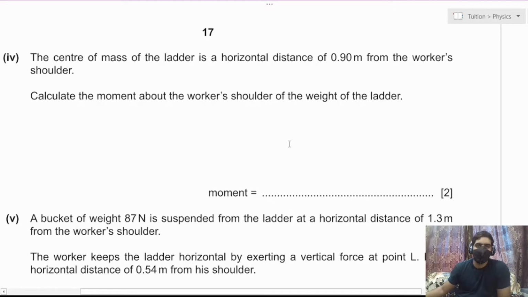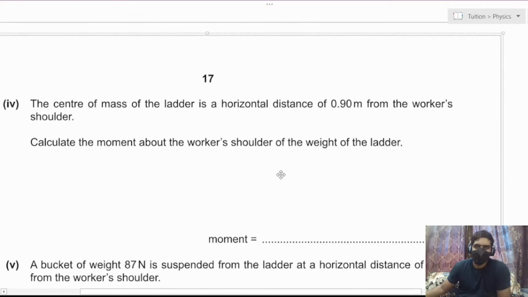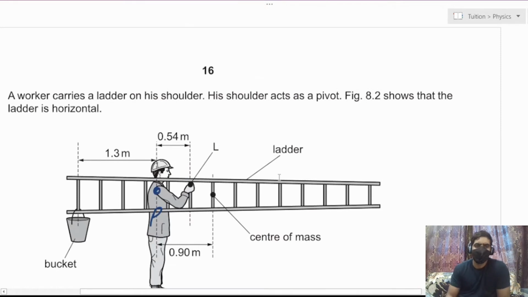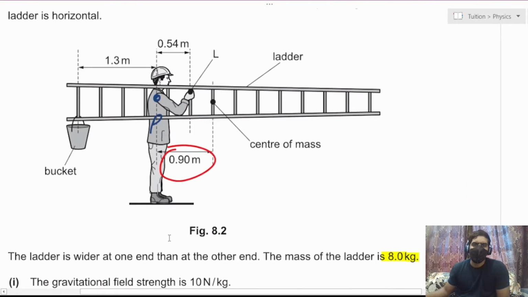Okay. So the person's shoulder is your pivot, which was stated previously as well. We can also see in the diagram that the distance between the point where the weight of the ladder would exert and the pivot, which is the shoulder of the person, is 0.90.